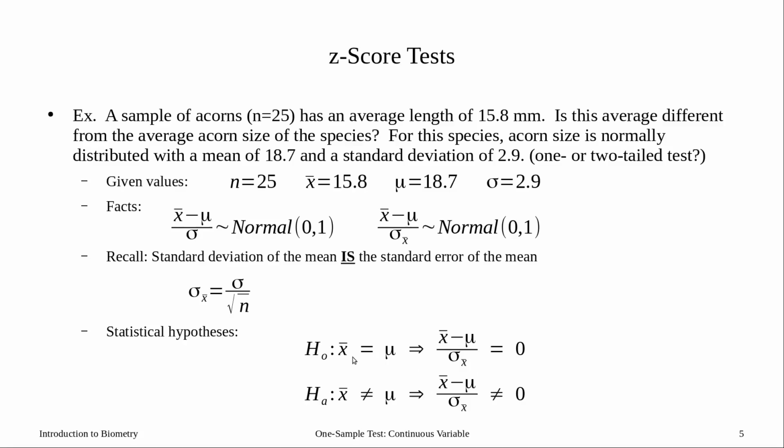If we do this for both sides, then our sample mean should equal 0. And now we can calculate the probability of getting data as extreme or more extreme than what we actually observe if this situation is true. Our alternate is that our sample mean is not equal to the population mean, and same thing, if we apply our transformation to both sides, then we're saying that our z-score is not going to be equal to 0.